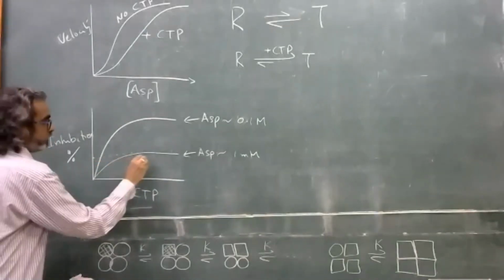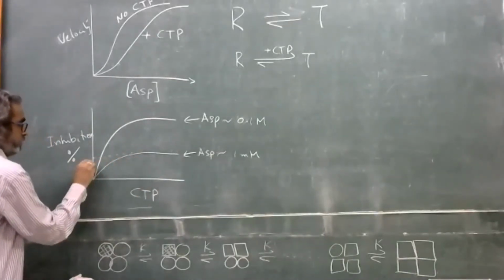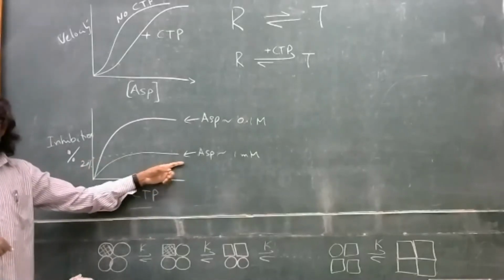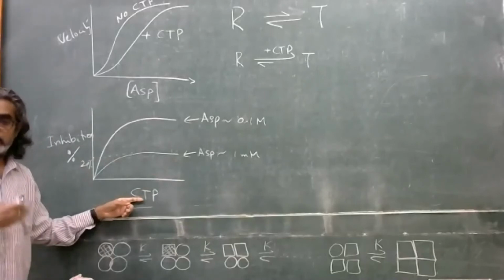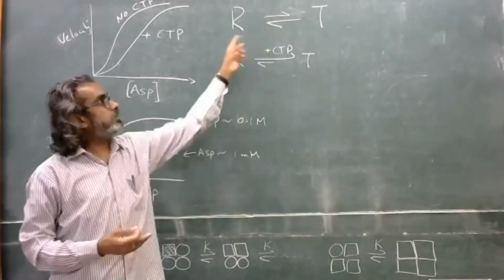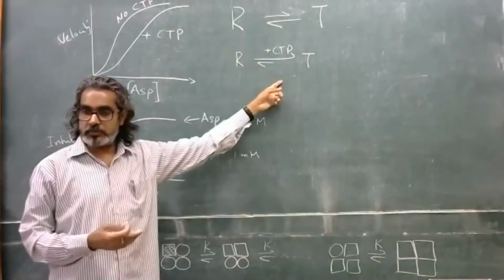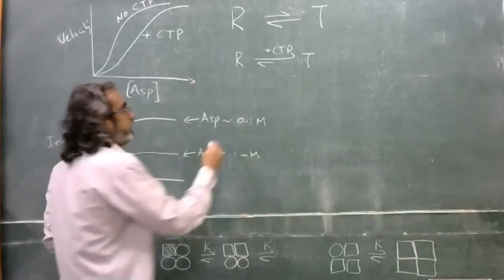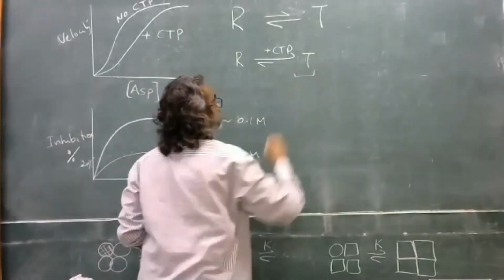This is about 20%. At a certain aspartate concentration, it's not able to inhibit 100%, because aspartate somehow shifts this equilibrium even if you have a lot of CTP.